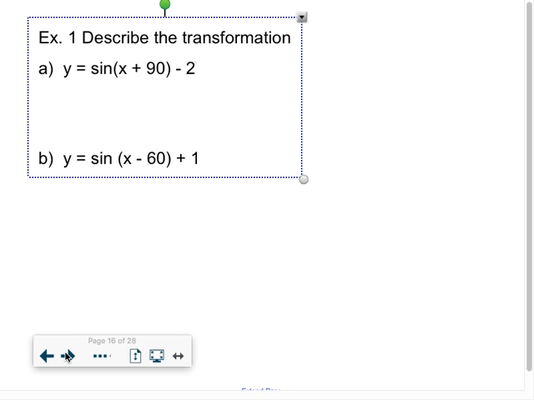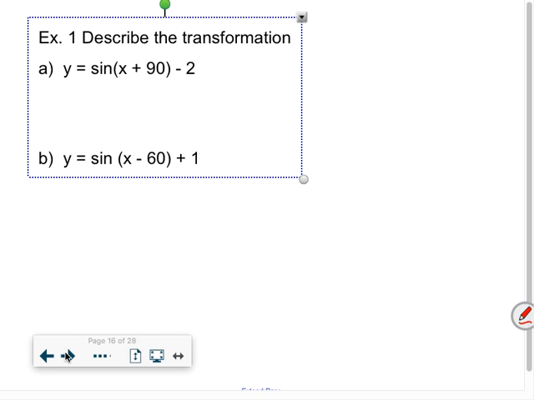Example 1. So in this one, does anybody want to tackle letter A? y equals sine of the quantity x plus 90 degrees, minus 2.